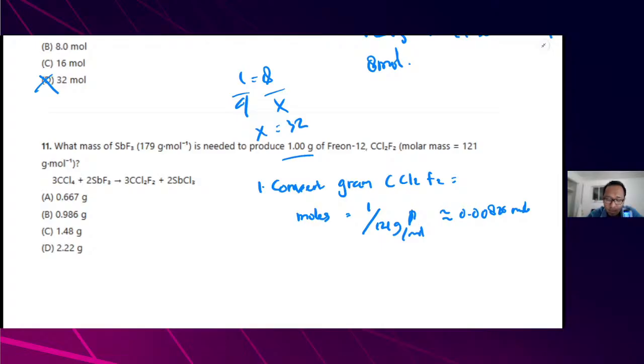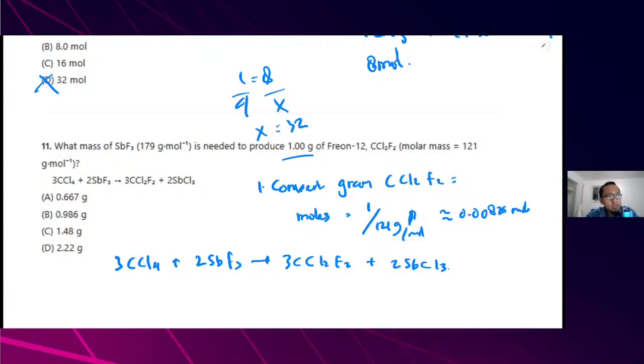After that we use the mole ratio from the balanced equation. Regarding the balanced equation, we get something like this: 3CCl2F2 plus 2SOCl2.